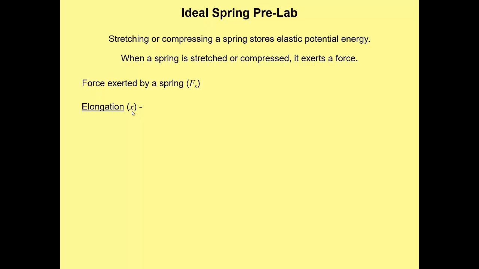So, the question, though, is what exactly do I mean by elongation? And this is important when it comes to how you're going to do your lab. So here's a spring, just kind of hanging up. You're going to have these in the back of the room to look at and to measure things with. But right now, this spring that's just hanging there, does it have any elastic potential energy?